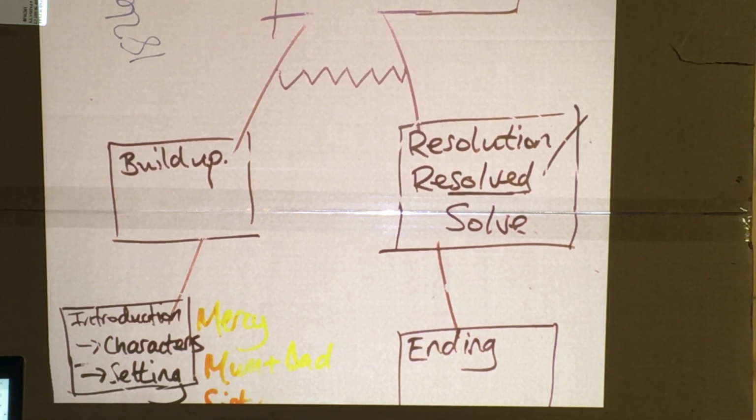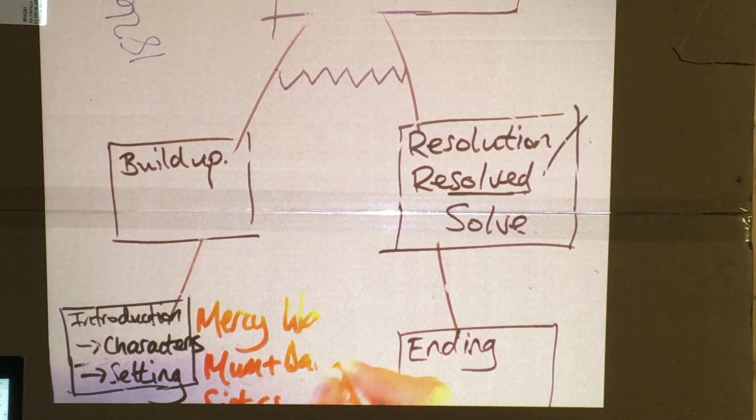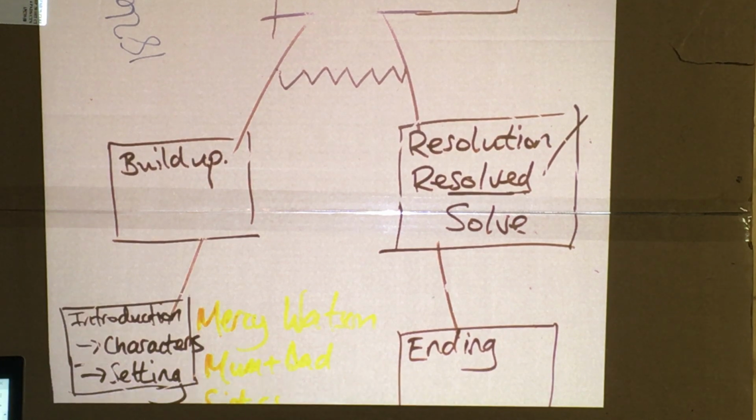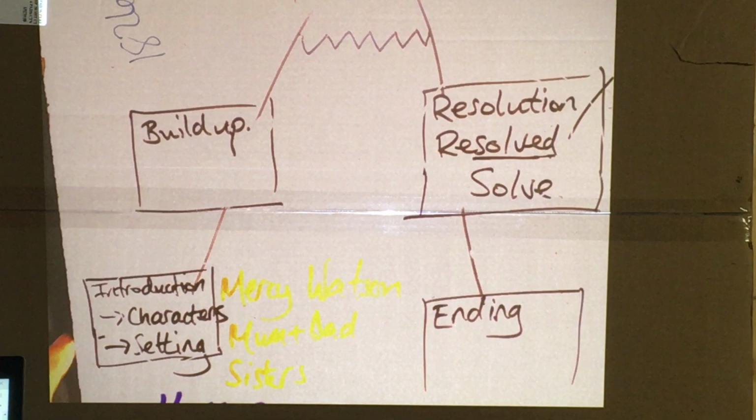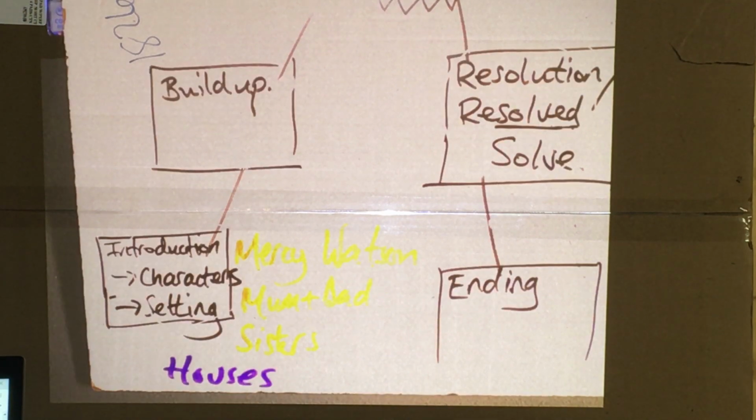But Mercy Watson, I'll write Watson there. Main character. Where does it take place? Maybe I'll use a different colour. It takes place in their houses. Oh, you can't see that very clearly. There we go. The orange doesn't work very well. So, in their houses. Okay, great.